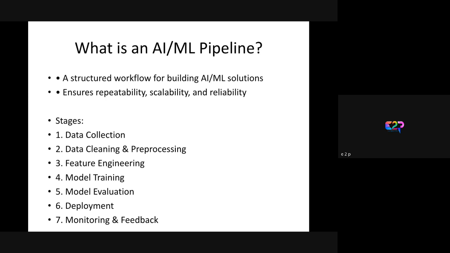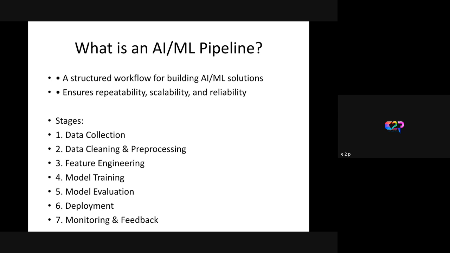But his name is not required; by name, nothing happens. So any unwanted features can be eliminated, or any required features can be combined. That we call feature engineering. So whenever we are creating an AI or ML pipeline, feature engineering is important. That's the next stage after data cleaning.